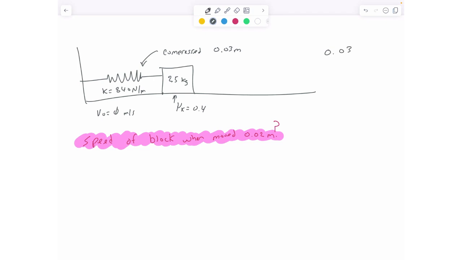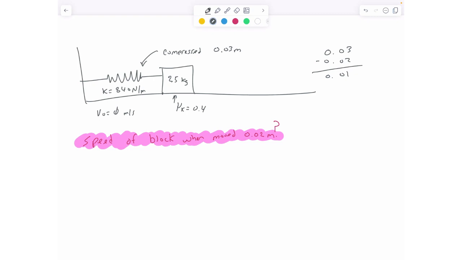That's how much it's compressed. And we're going to move 0.02. So that leaves us with 0.01. So after it's done its movement, the spring is still in its compressed state. It's just less compressed, okay?